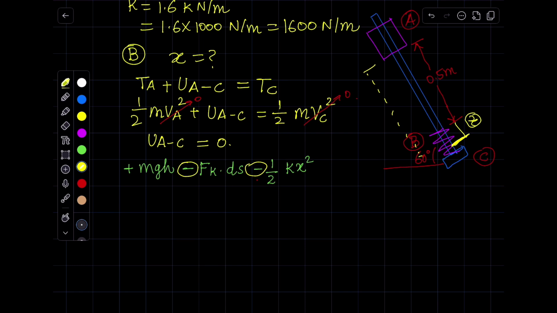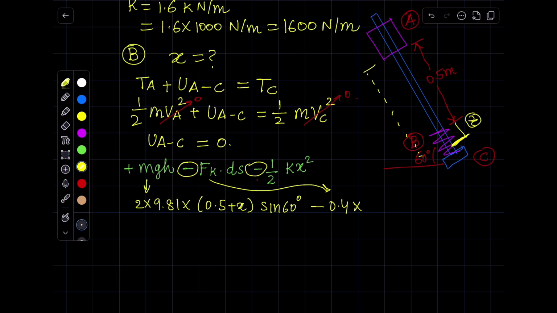Now put the values for mgh, and then friction work, and then spring work. So it is easier, you have all values, you can just put the values here. But mind here that when you are writing the value for h, the h will increase for mgh in the vertical direction.